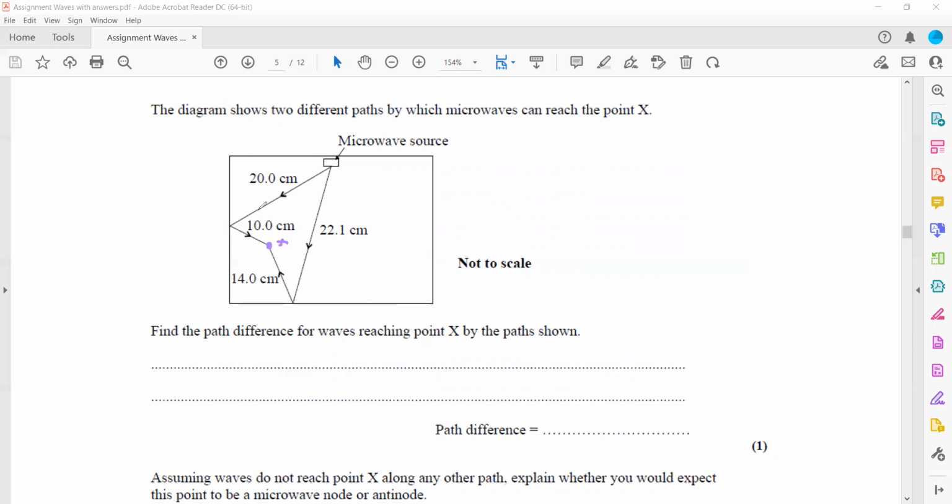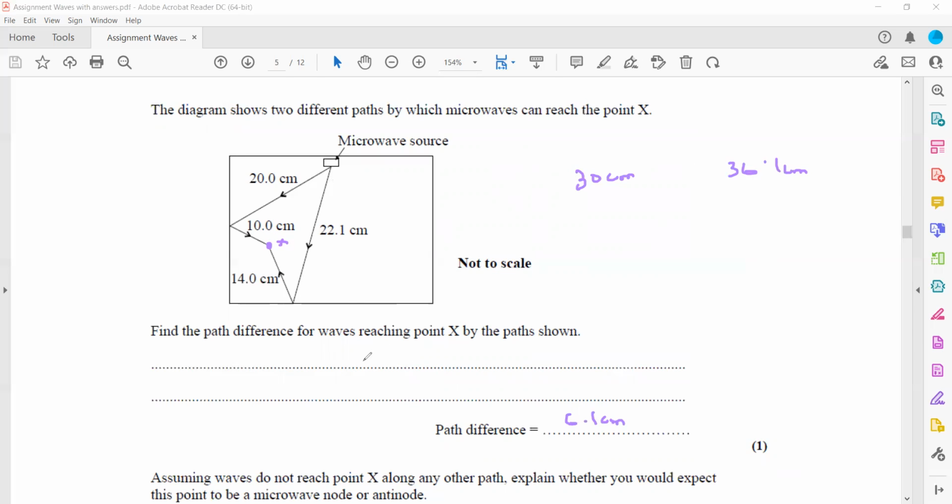This covered first 20 and 10, and this covered 22.1 and 14. So the total distance is 30 for one, and 36.1 centimeter for the other. When we subtract, because of path difference, it will be 6.1 centimeter.